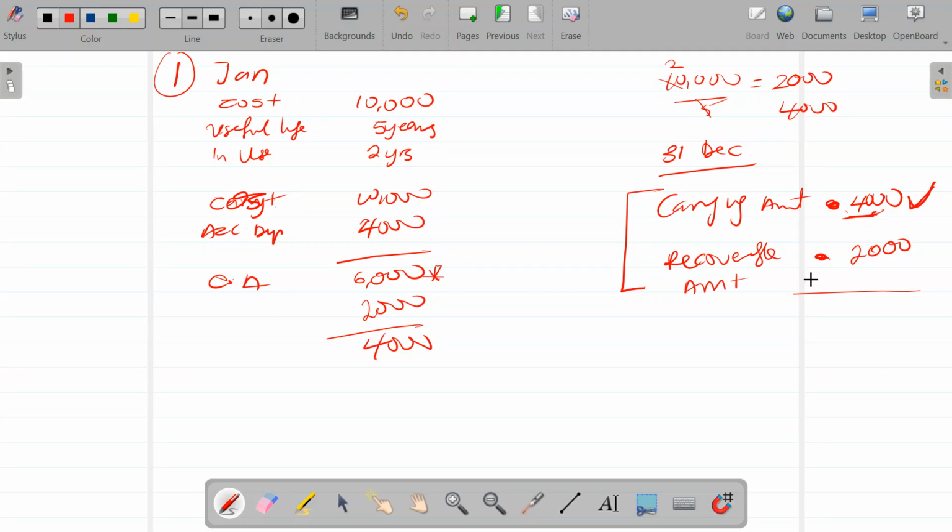Yeah, that's perfect. The standard wants to ensure that we are careful not to overstate the current amount when we are restating it in the books again as a non-current asset. So we have to make sure whatever figure we are bringing it back at is accurate. So the current amount is 4,000.